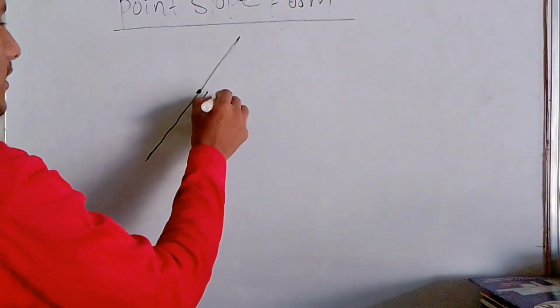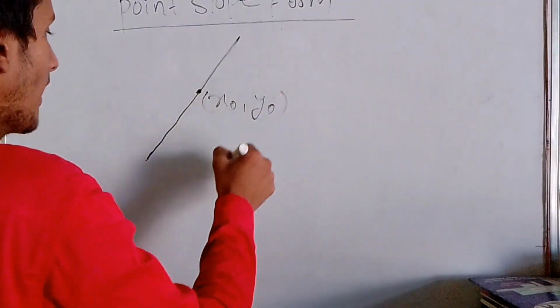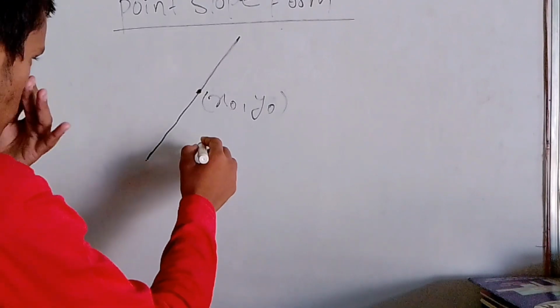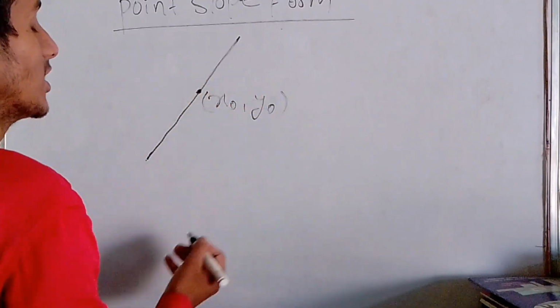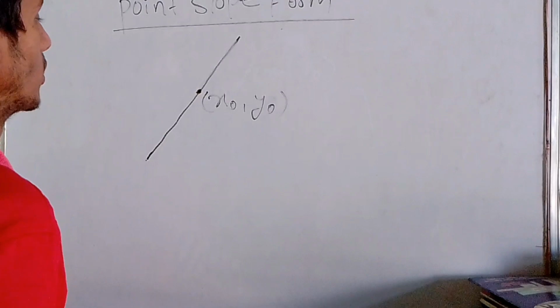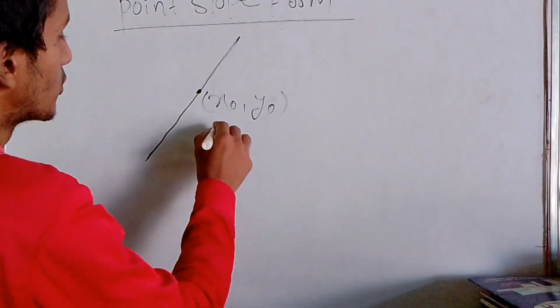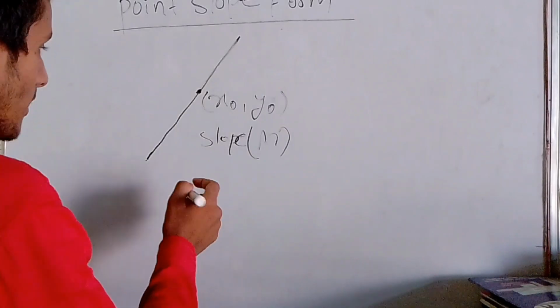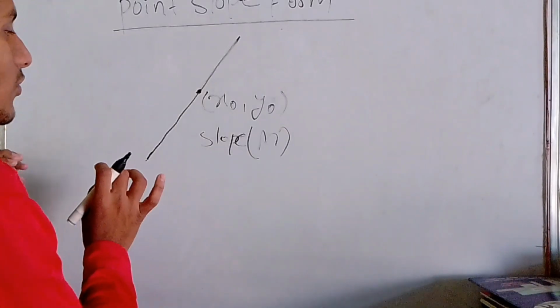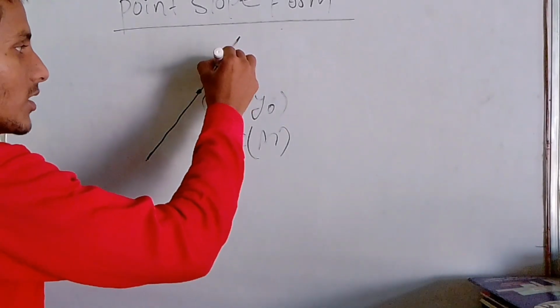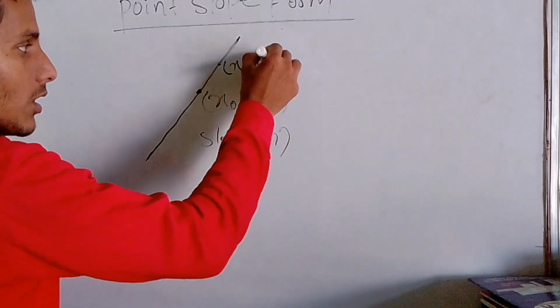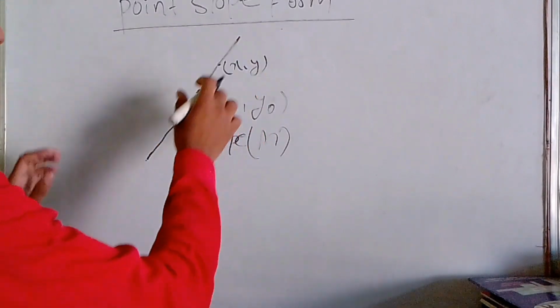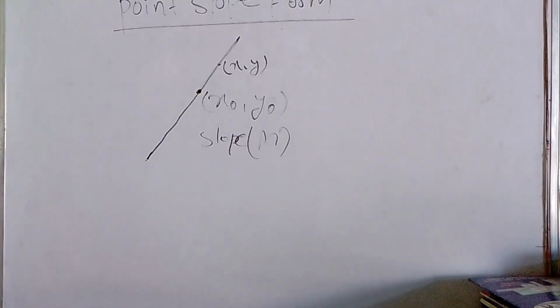So we have (x naught, y naught), and you know the slope. The slope is the second ingredient, the second input that is known. How do you derive this equation? First of all, take a variable point on the line, which will be the generalization for the equation. Take (x, y) as the variable.